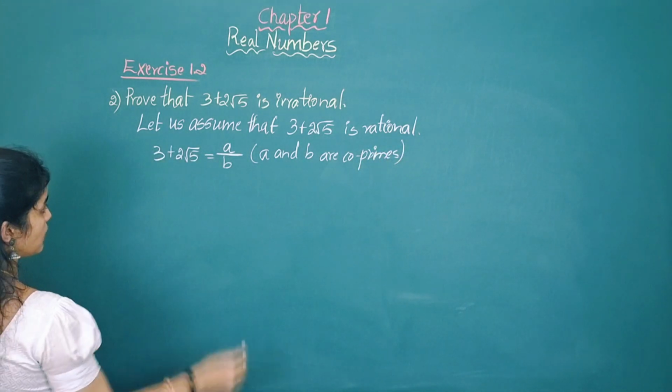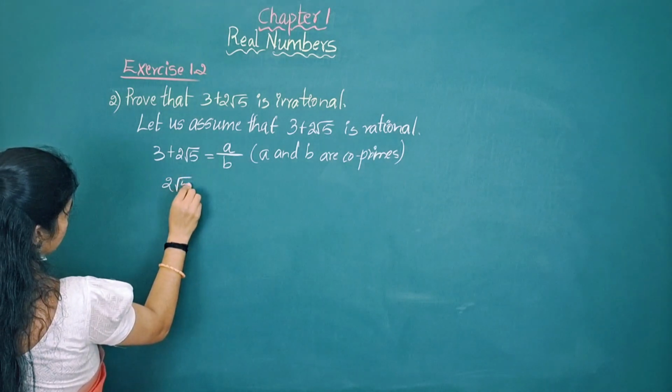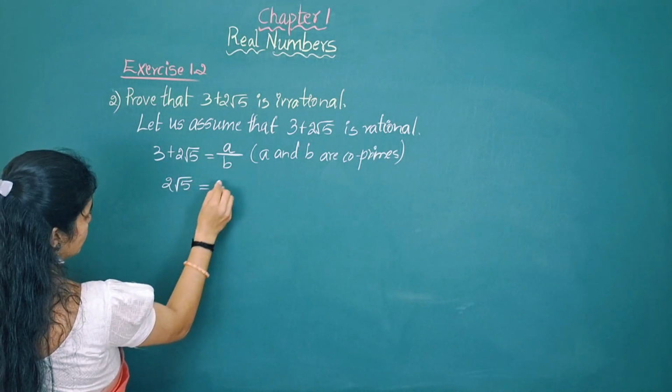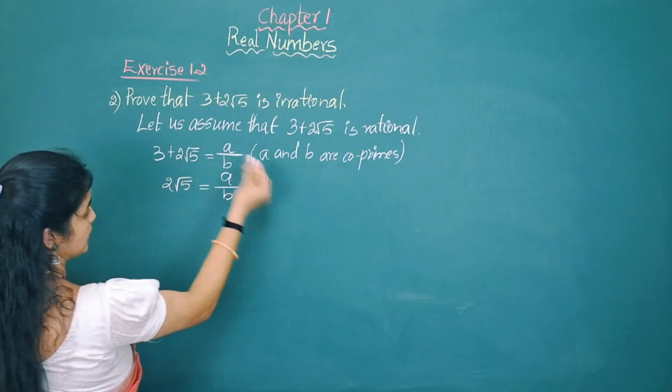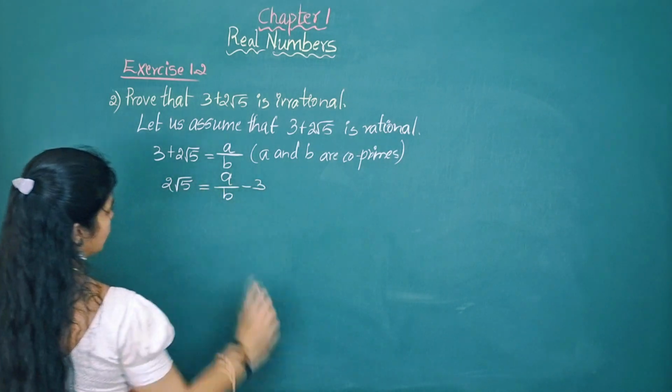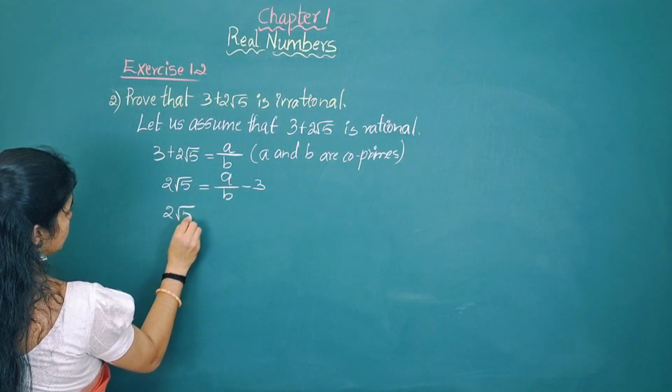Right? So now, rearranging, I can write 2 root 5 is equal to A by B minus 3. This 3 was plus here; when I shift it to the right hand side, I write it as minus 3. Okay, so let us simplify.